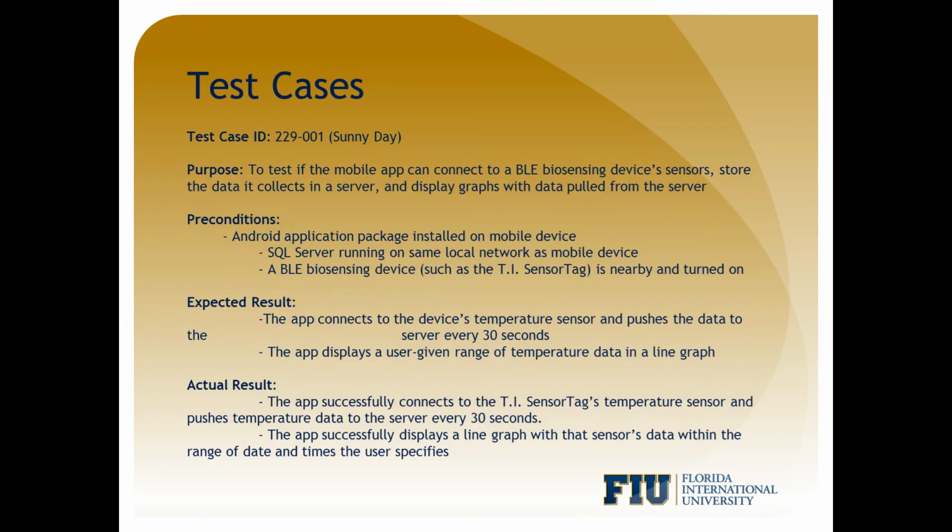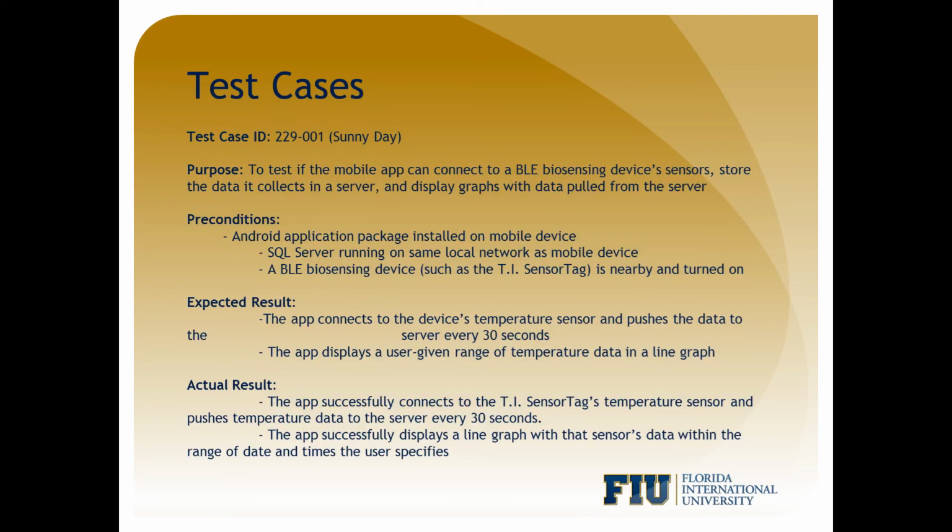Some of our test cases include the test case for User Story 229 on a sunny day. The purpose is to test if the mobile app can connect to a biosensing device sensor, store the data it collects in a server, and display graphs with data pulled from the server.